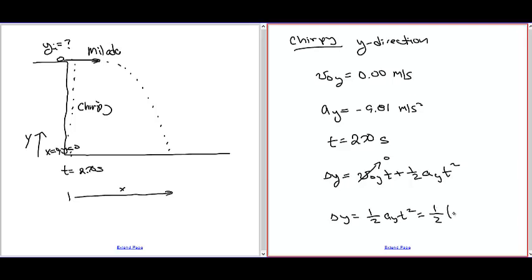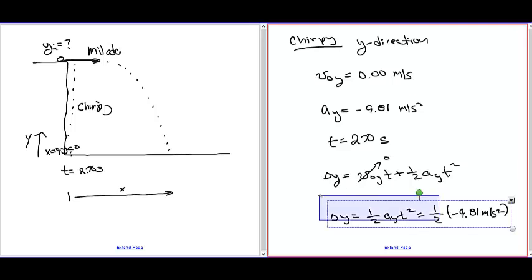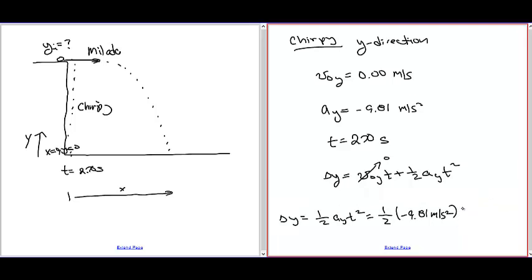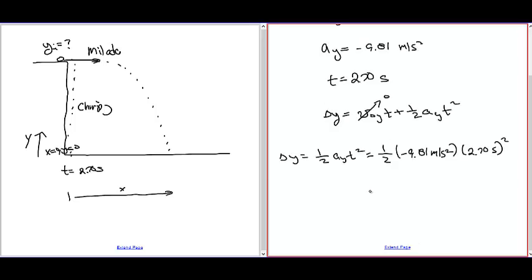So a sub y is negative 9.81 meters per second squared, and t is 2.70 seconds squared, and we've got three significant figures in this problem. And we're going to get a delta y of negative, because we're going down, we're falling down.